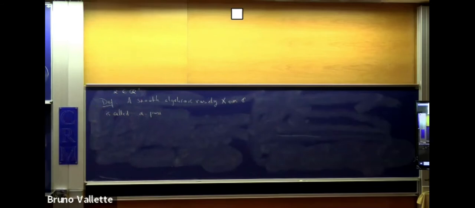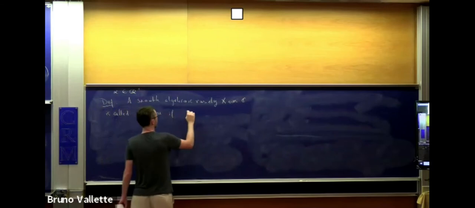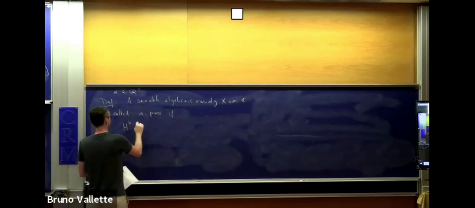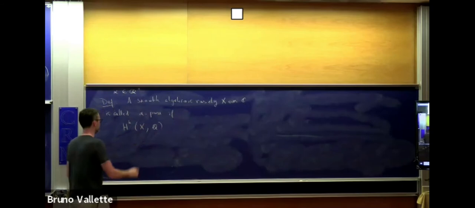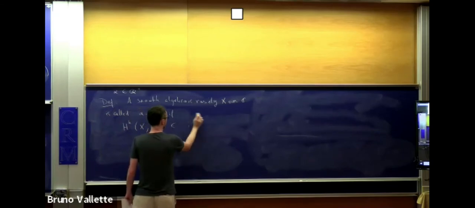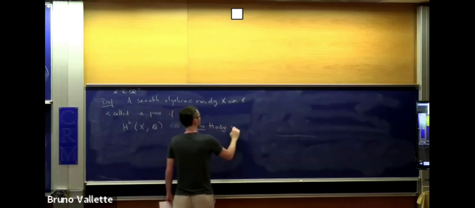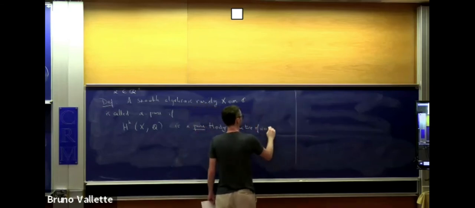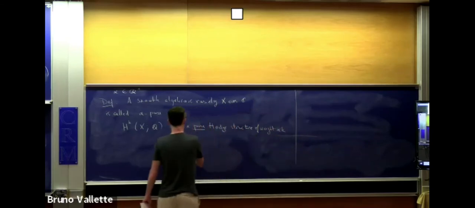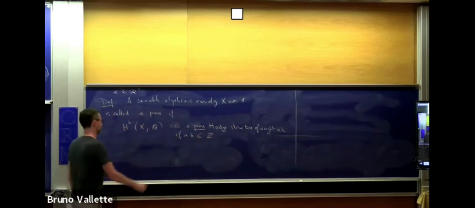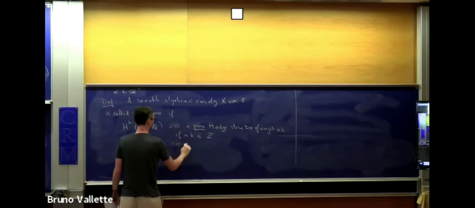The smooth algebraic variety X over C is called alpha pure if I take the kth homology group of X with coefficients in Q, this is a pure Hodge structure of weight alpha k whenever alpha k is an integer, and is 0 otherwise.